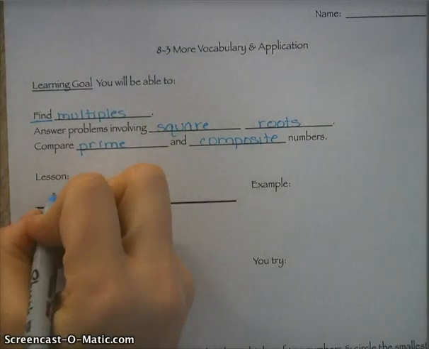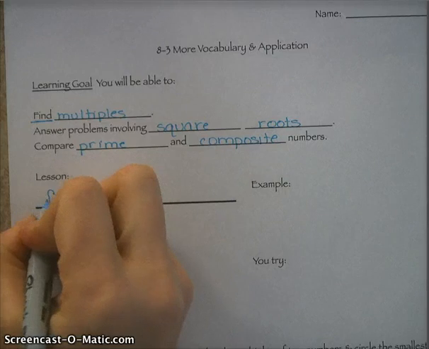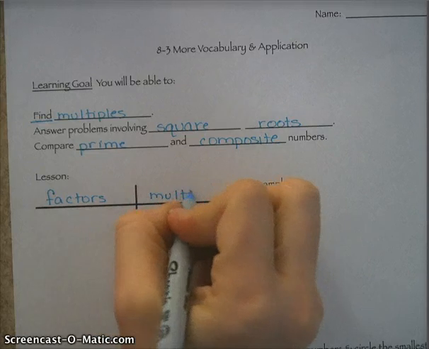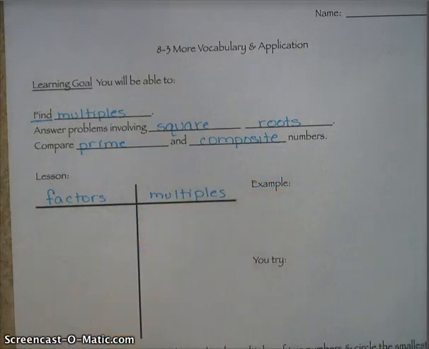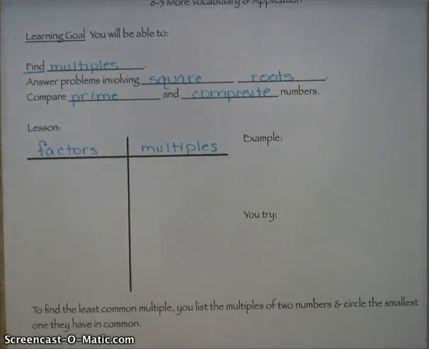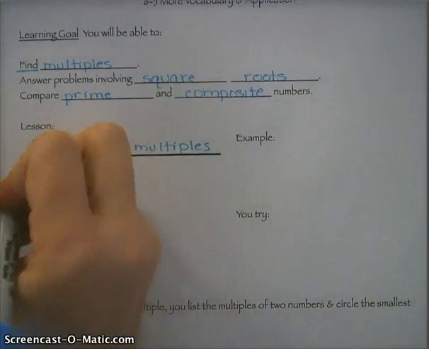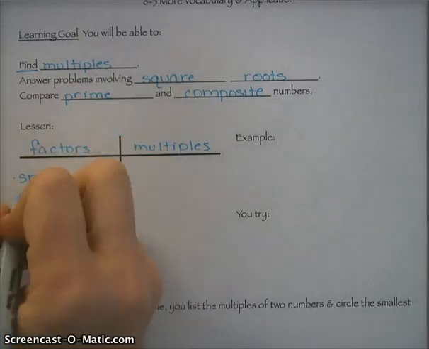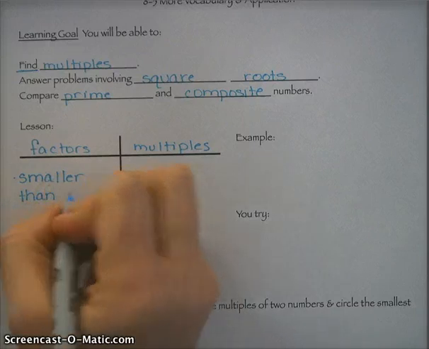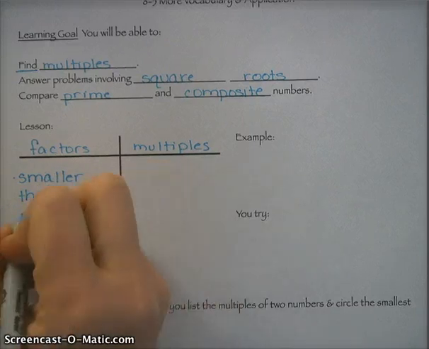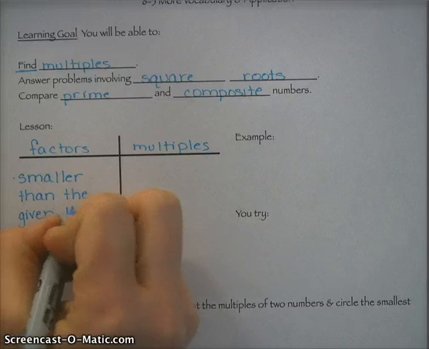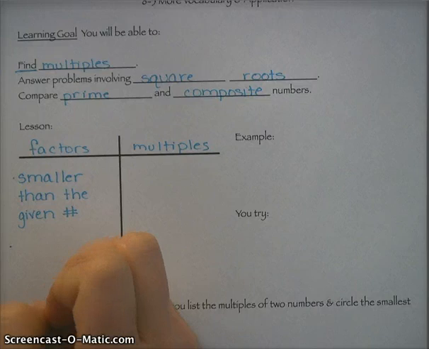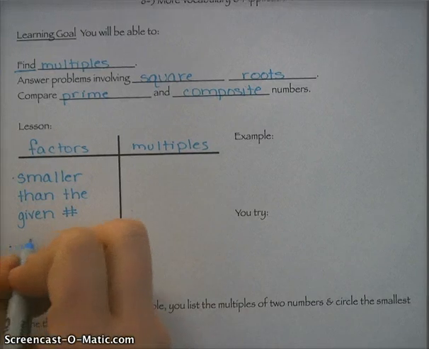We're going to actually compare factors to multiples because a lot of times they're mixed up. So when you think about factors, like we talked about in the last video, factors are smaller than the given number. They're numbers you multiply to get the number.